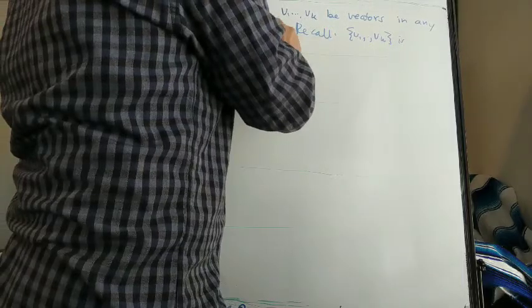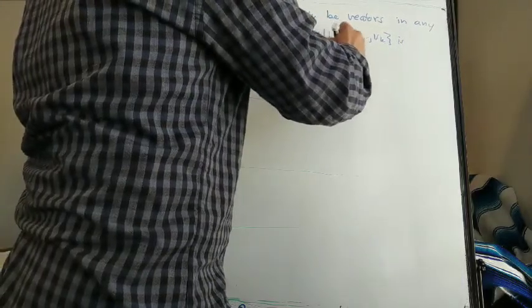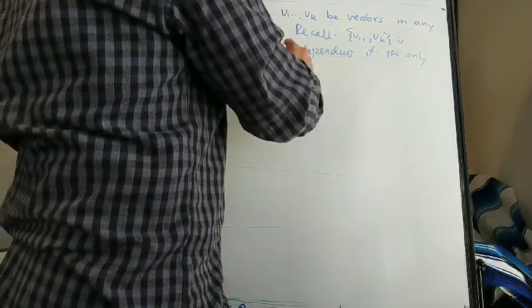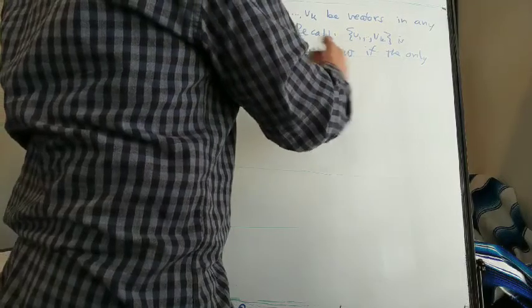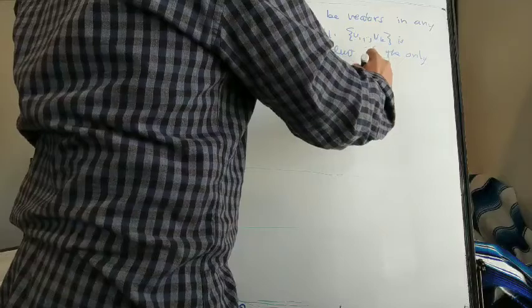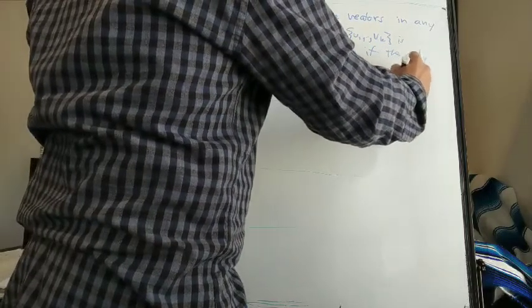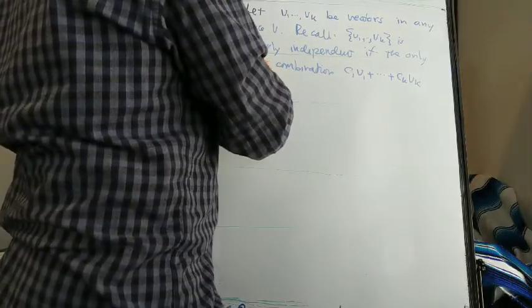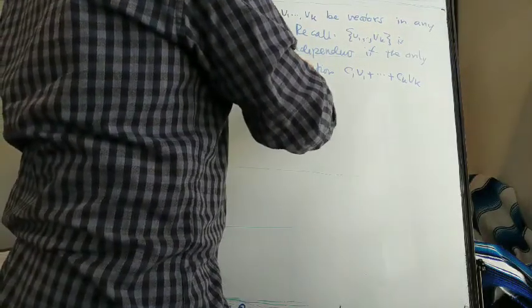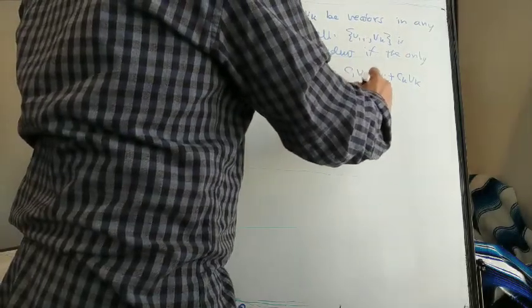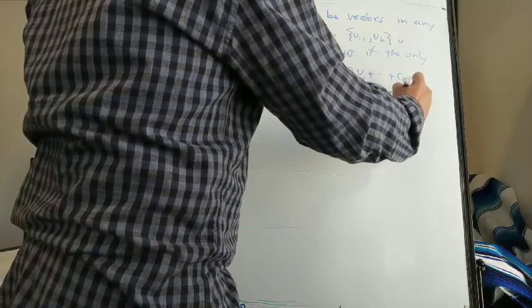Recall that the set v1 through vk is linearly independent if the only linear combination c1 v1 plus dot dot dot plus ck vk that equals 0 is 0 v1 plus 0 v2 plus up to 0 vk.